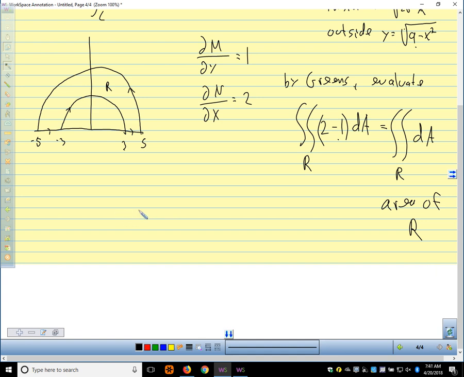The double integral over a region of dA is 1/2 pi times 5 squared minus pi times 3 squared? 8 pi. In this case, Green's theorem saves us a lot of work.